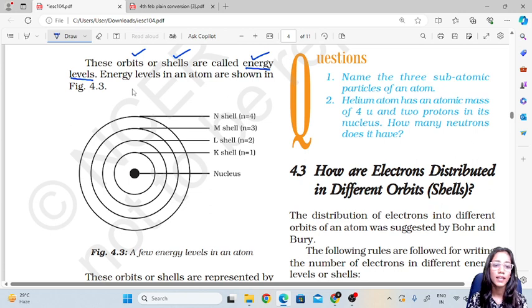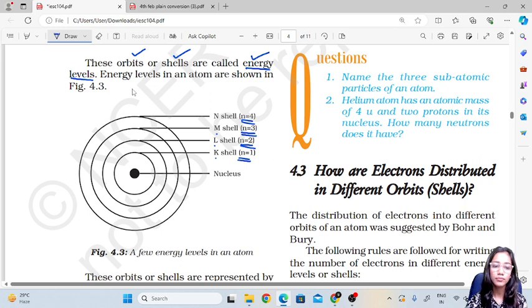He said that there are 4 shells: K shell, L shell, M shell and N shell, and each had a level of energy. K shell had the lowest level of energy with n equals 1, L shell had n equals 2, M shell had n equals 3, and N shell had n equals 4. So these were the energy levels of K, L, M and N shells.